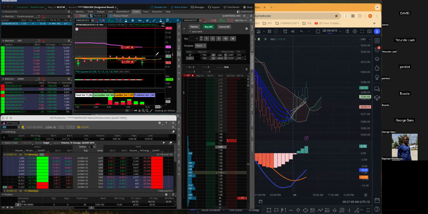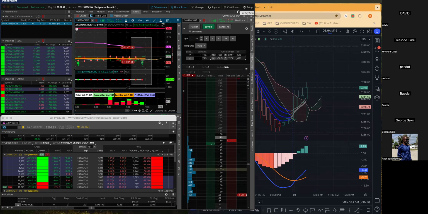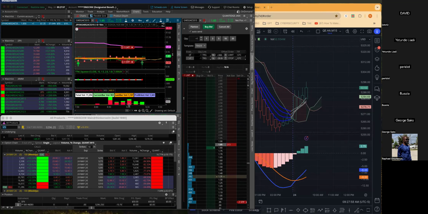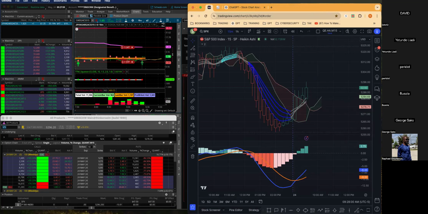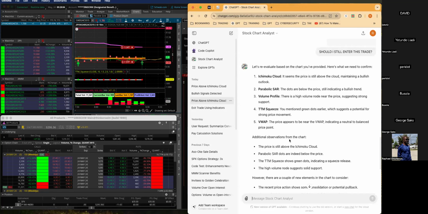And let's ask GPT. Let's take a screenshot of maybe 3 or 4 candles. Let's ask GPT, what do you think about this trade? What do you think about this setup?